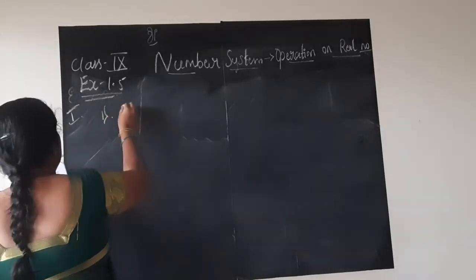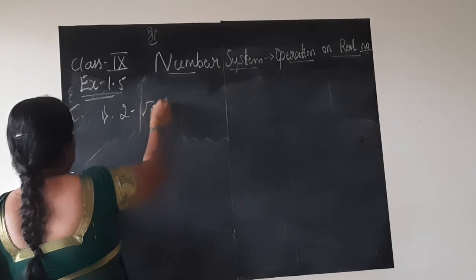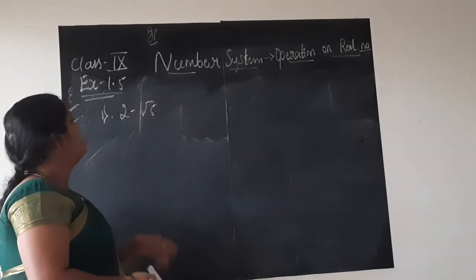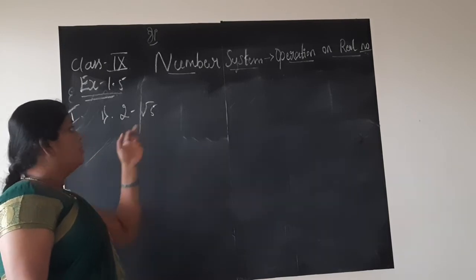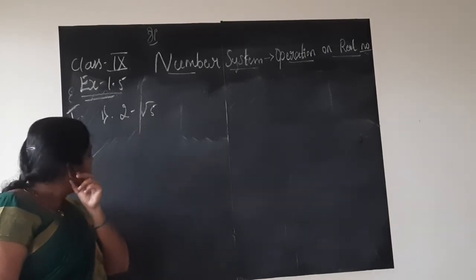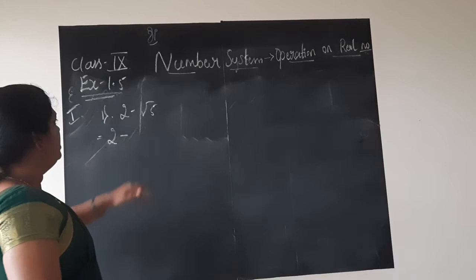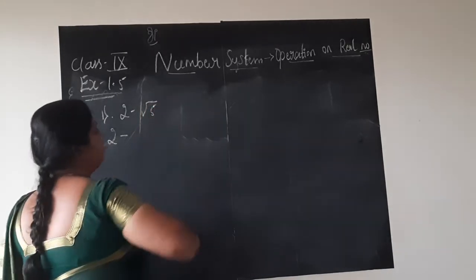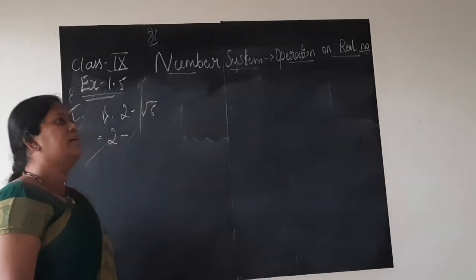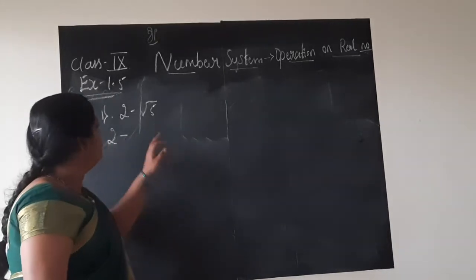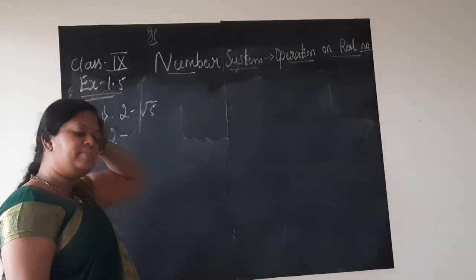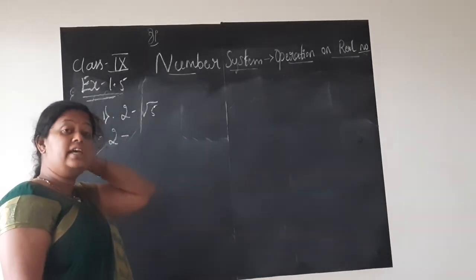The first question is 2 minus square root 5. For that, children, you need to find out what the square root of 5 is. I made you write perfect squares and perfect cubes, so up to square root 10 or so, try to memorize the values.